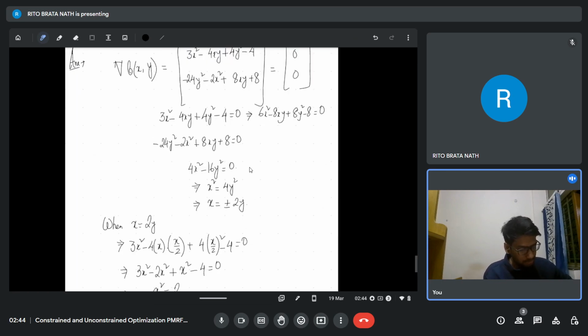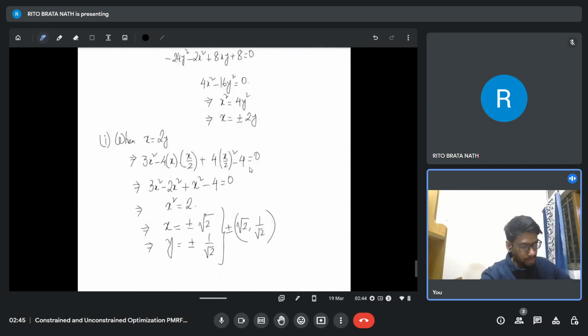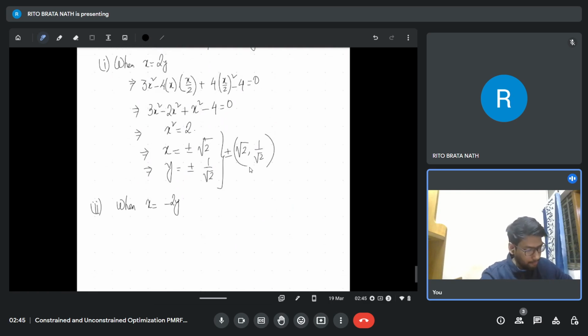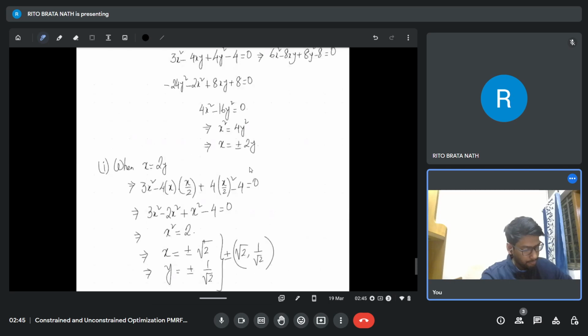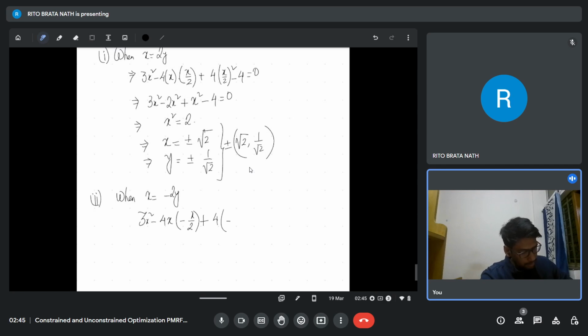So that's case 1, and then case 2 is when x is minus 2y. So when x equals minus 2y, what I have here is 3x square minus 4x times (minus x by 2) plus 4 times (minus x by 2) square minus 4 equals 0.